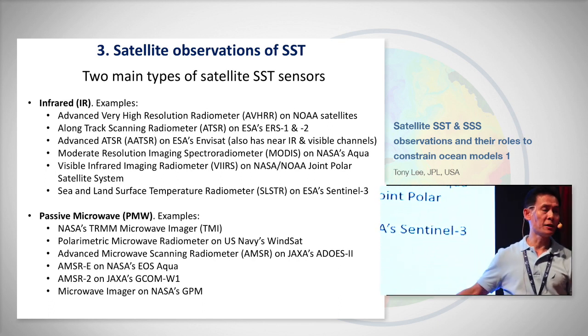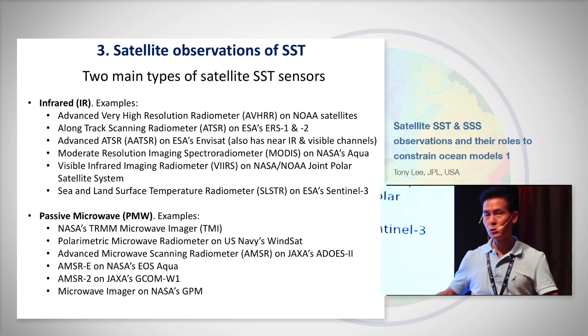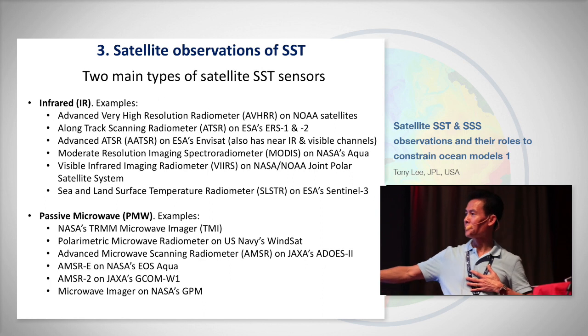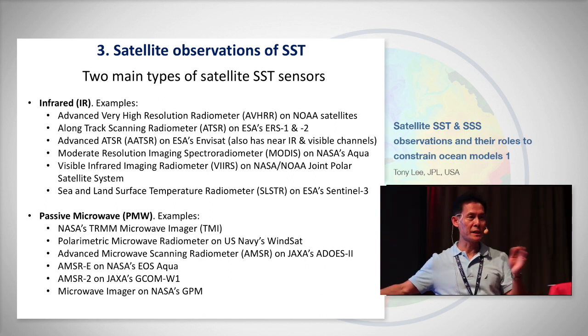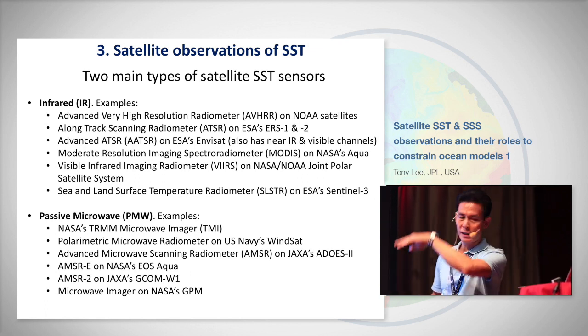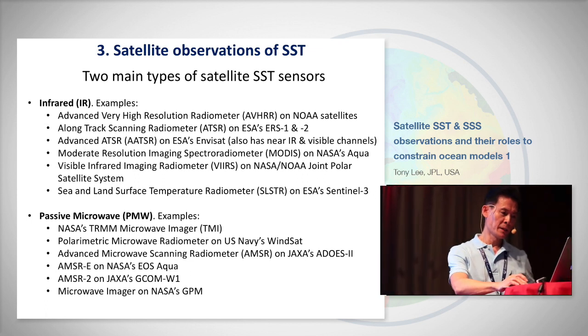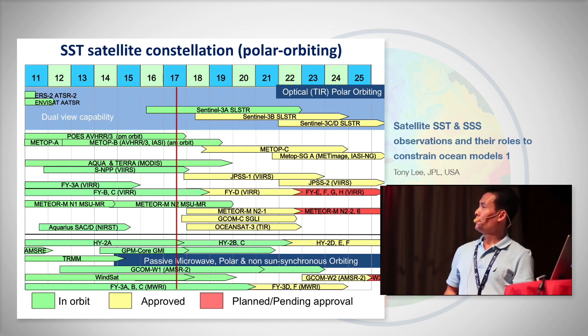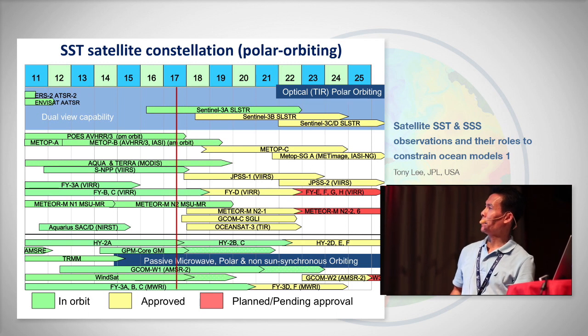It has a 10 gigahertz channel, a bit higher frequency, that's also good for measuring SST, although it's not as optimal as the 6.9 gigahertz channel, which provides more accurate SST measurements. So these are the two main types of SST measurements, and we have a very impressive international constellation of SST measurements.